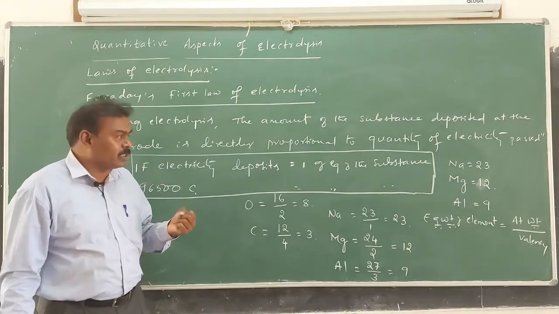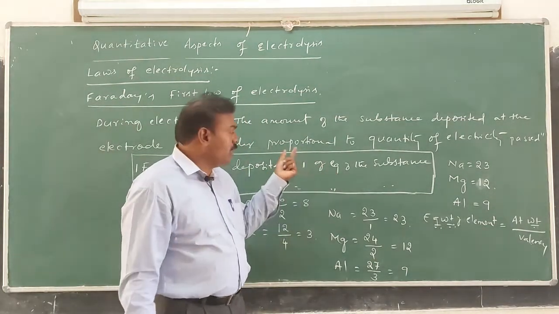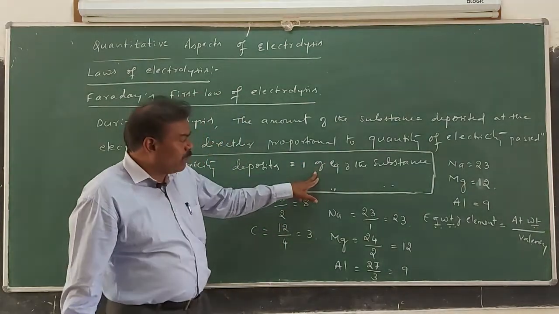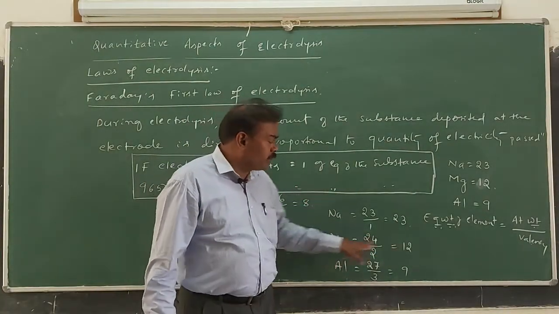That is 1 gram equivalent of the substance. 1 gram equivalent of sodium is equal to 23 gram. 1 gram equivalent mass of magnesium is 12 gram.